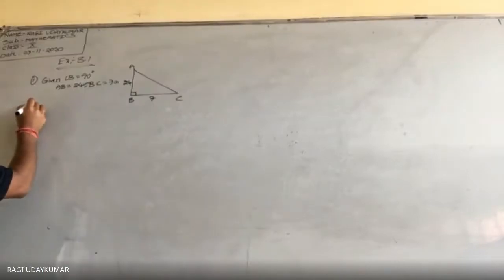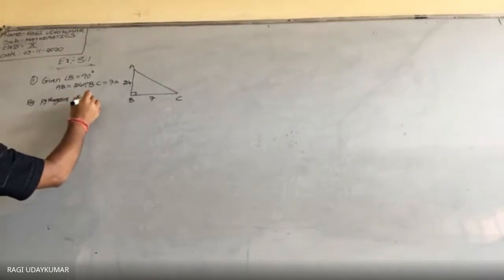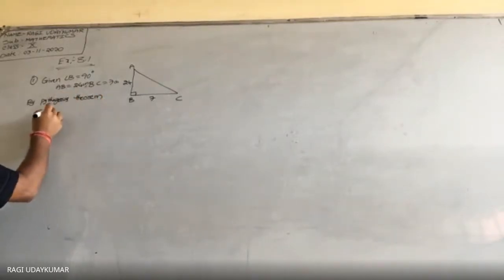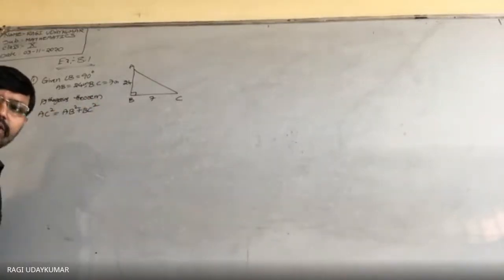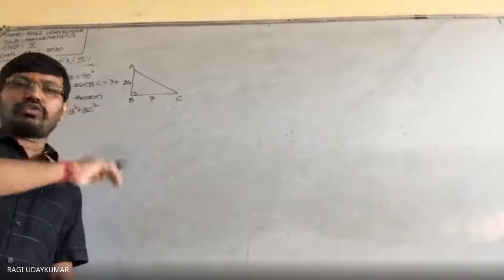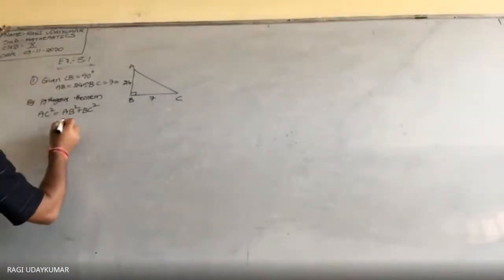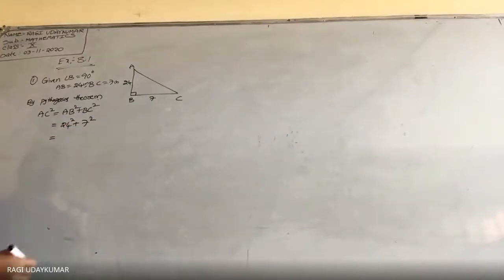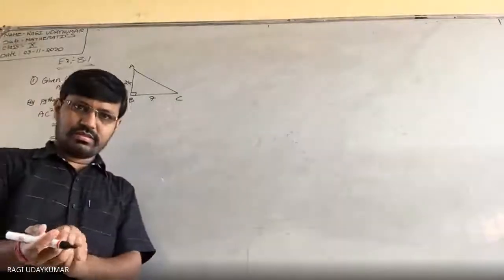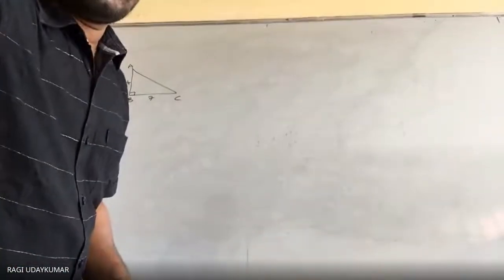So by Pythagoras theorem, AC square is equal to AB square plus BC square. The square of the hypotenuse is equal to the sum of the squares of the other two sides. So AC square is 24 square plus 7 square. Does anyone know what 24 square is? Sir, 576.